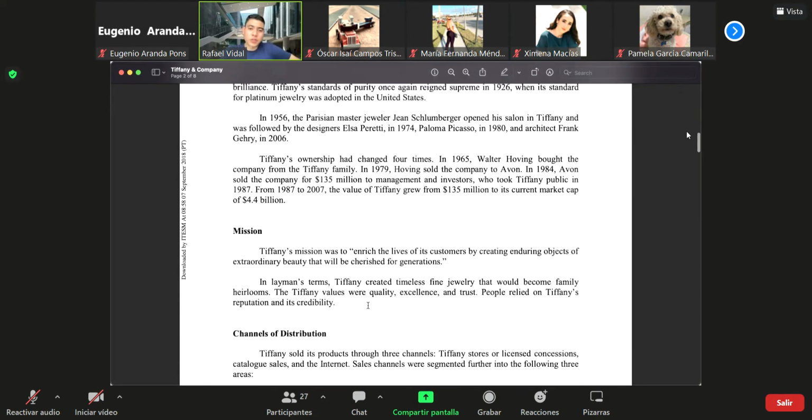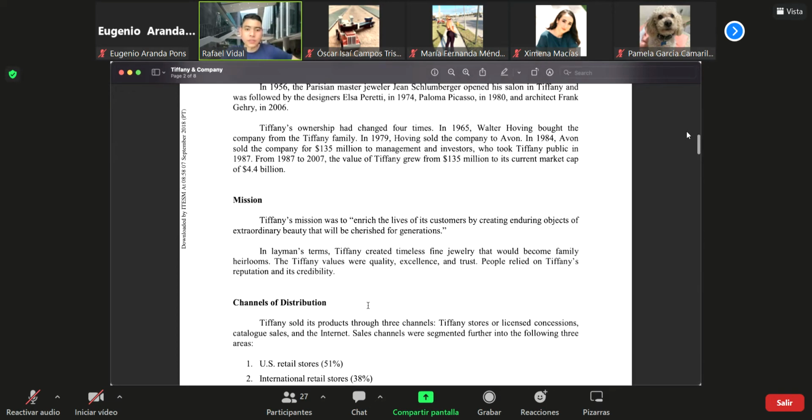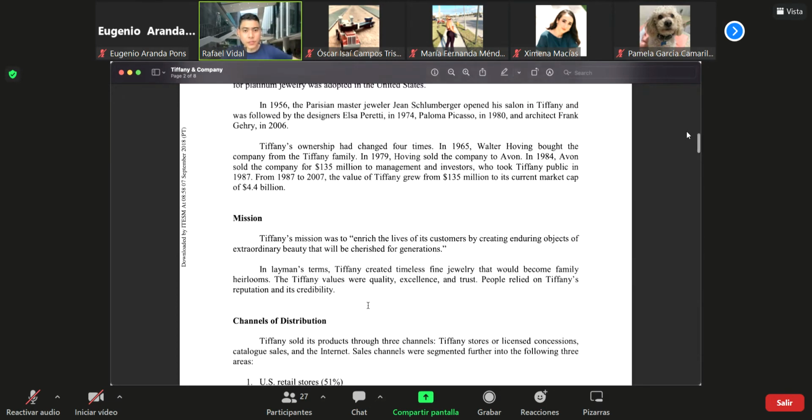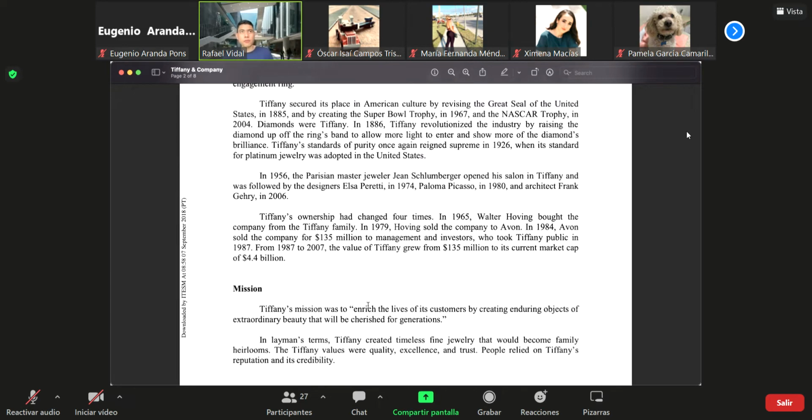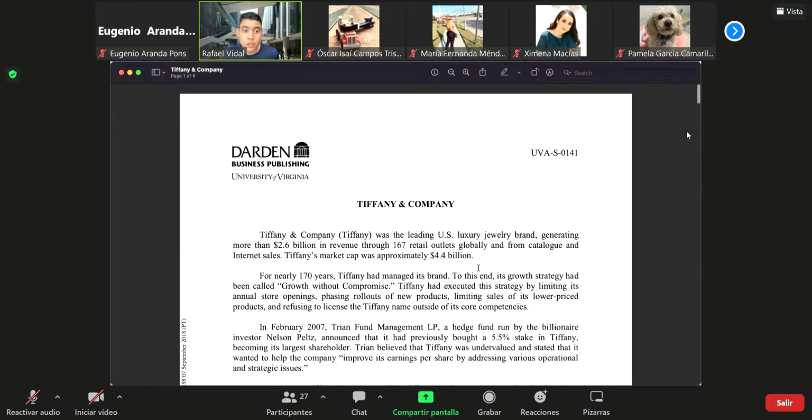What they want to do, and what they have actually been doing the last 10 years, was to license their name. So they went from a product company, diamond rings, to a lifestyle company. They started to license their name to an eyewear brand, which it doesn't say the name of, but I know the name, which is Luxottica.